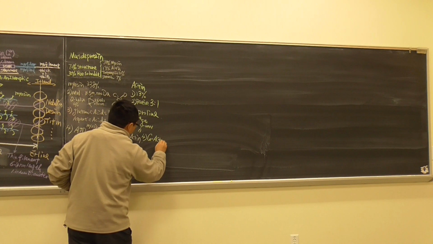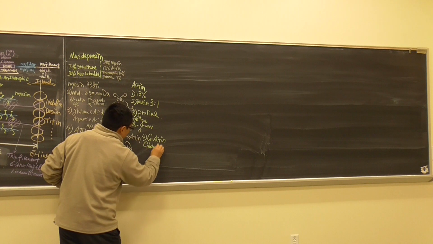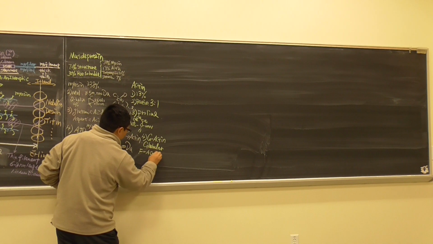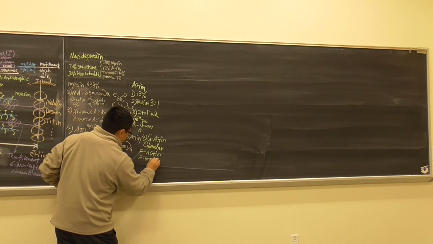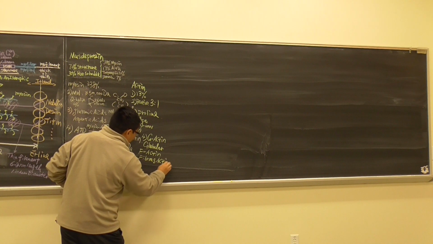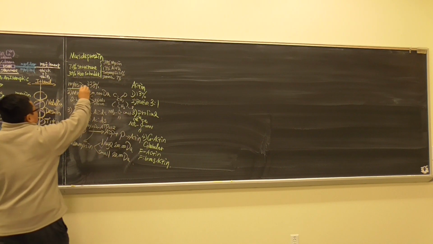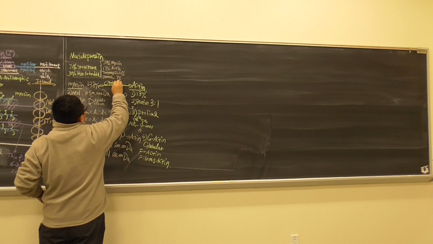G-actin, which we call globular actin, and F-actin, fibrous actin. Okay, so that's actin. Now, actin and myosin could be connected, cross-linking.